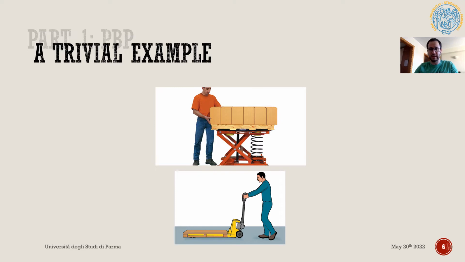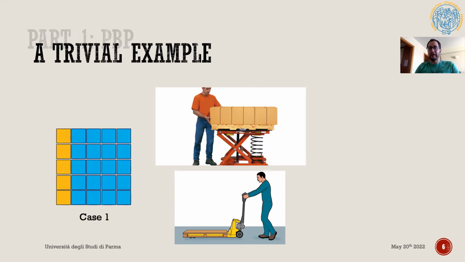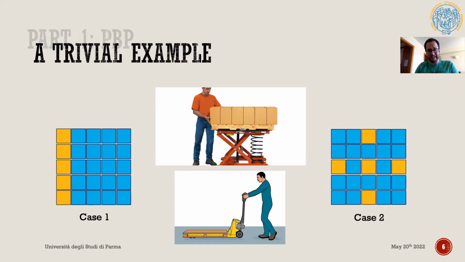And we have two cases to analyze. In the first case, the pallet is composed of items in this disposition. Items of the same color are contiguous. It's very easy to unload this pallet. Now consider the second case. We have the exact same items, but in a different disposition.